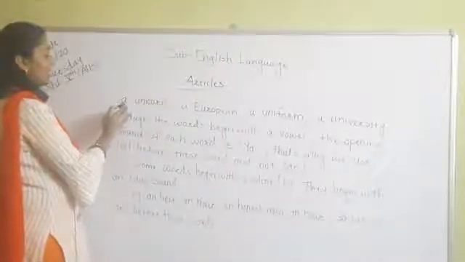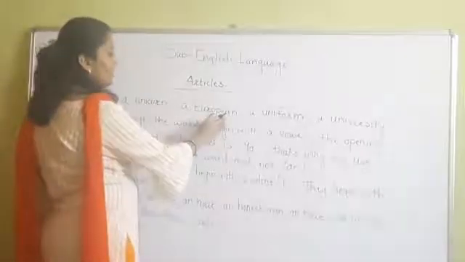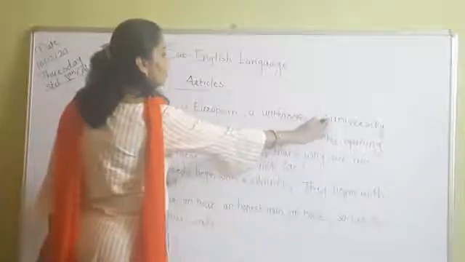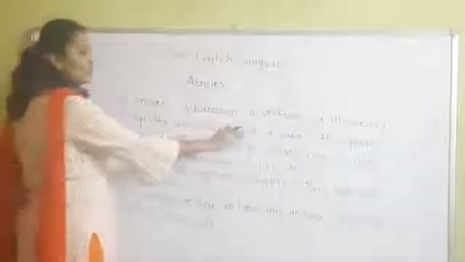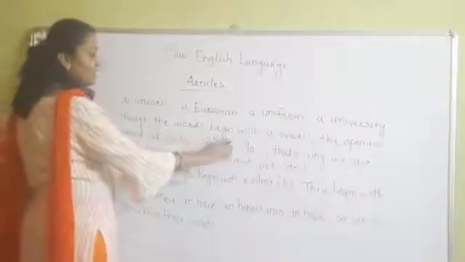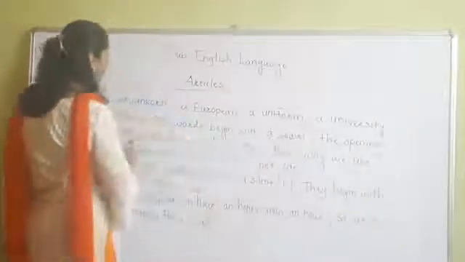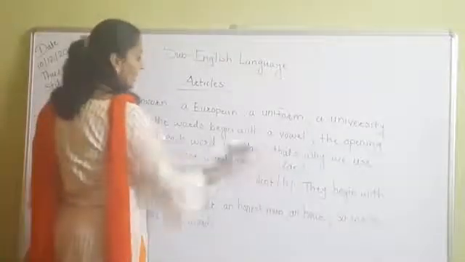Now see: a unicorn, a European, a uniform, a university. Though the words begin with a vowel, the opening sound of each word is Y. That is why we use a before these words and not an.